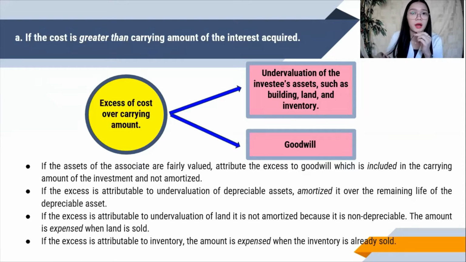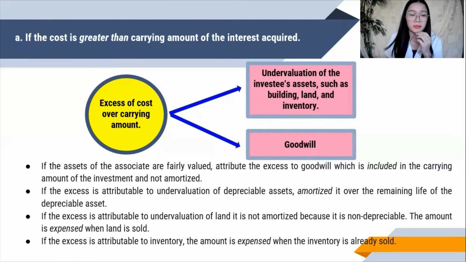For example, the cost of our investment is 5 million, and the carrying amount of our share in the identifiable net assets of the investee is also 5 million. Then the fair value of the identifiable net assets of the investee is also 5 million. So we won't have a problem, because what we should always compare is the cost, or what we paid, and the fair value of our share in the identifiable net assets of the investee.